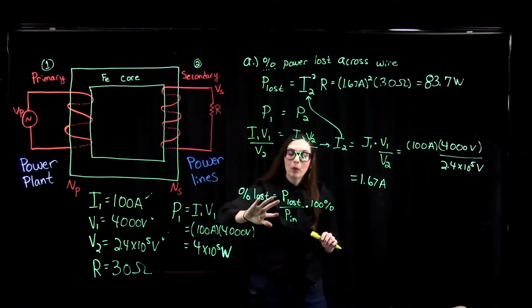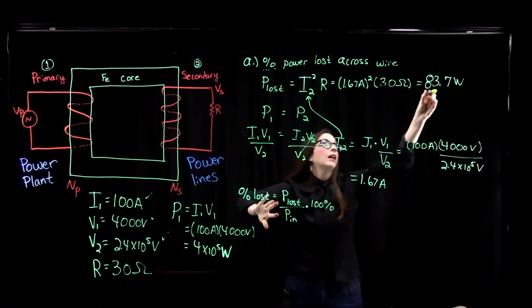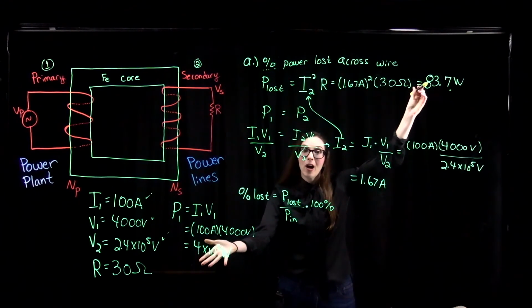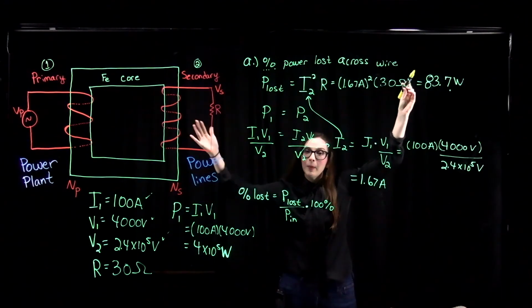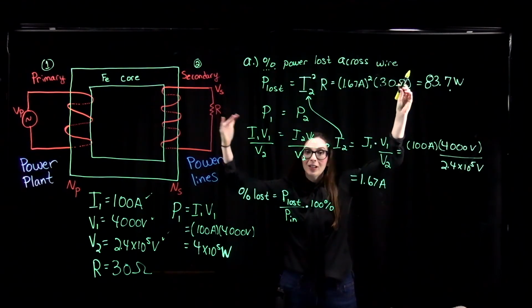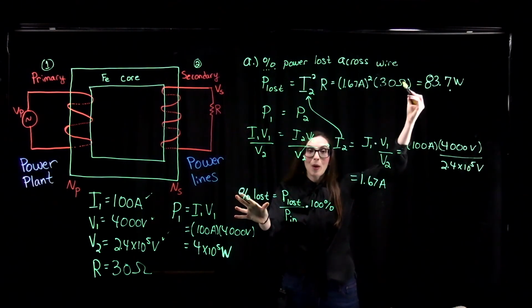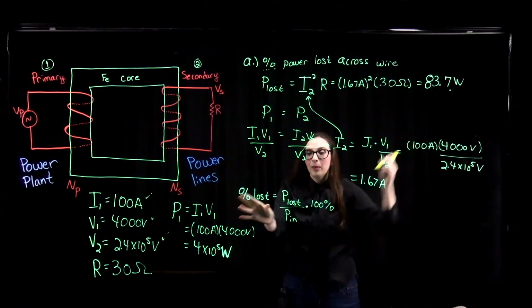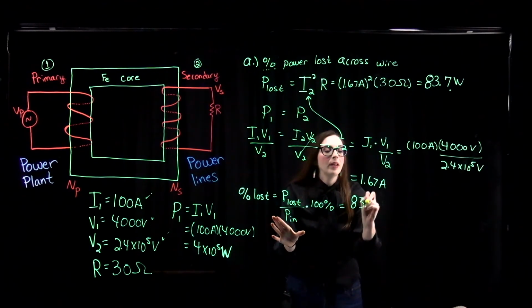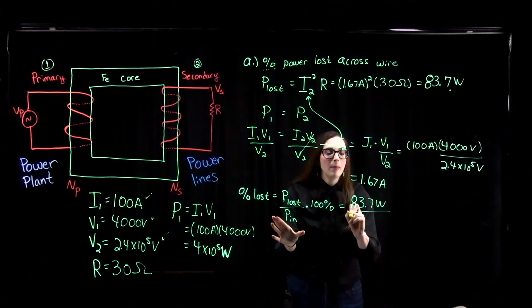So our percent power lost is only 83.7 watts compared to the 4 times 10 to the 5 watts. So we're not going to lose that much power actually when we take that voltage and step it up to a higher voltage and a lower current. All right, so our percent power lost across our wire is going to equal this 83.7 watts divided by our 4 times 10 to the 5 watts.